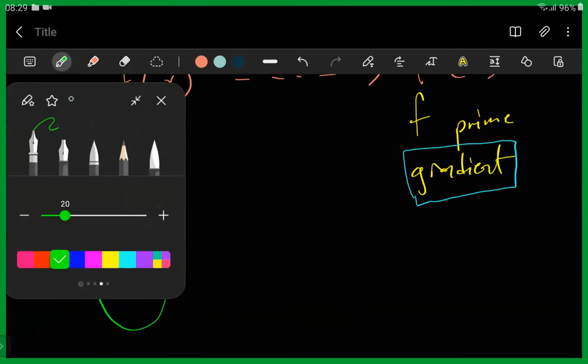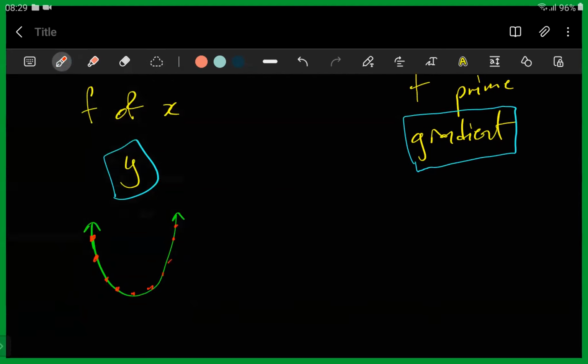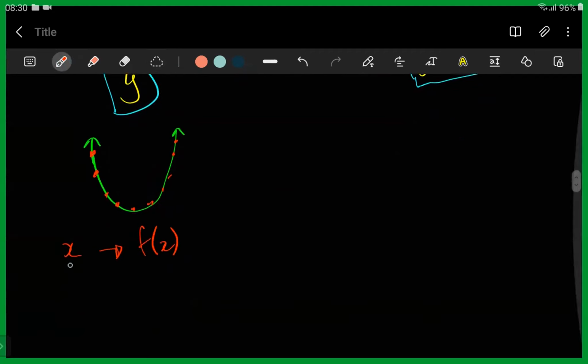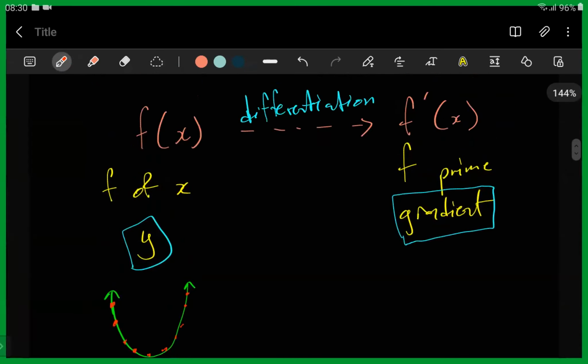The different points on this parabola, 1, 2, 3, 4, going on and on, are y values. If you throw in x, your equation gives you y. That's how f of x works.